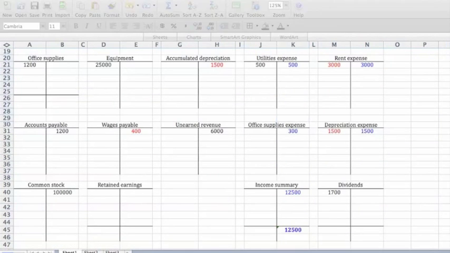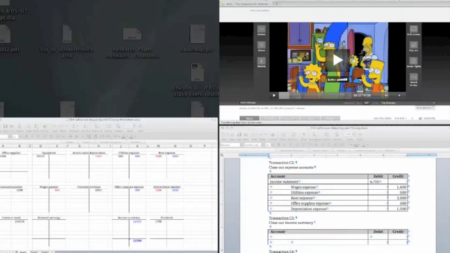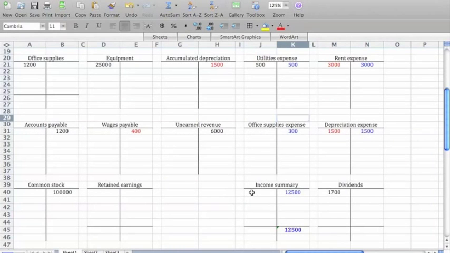And if we post the opposing expenses to our income summary T account, what we'll end up having is a remaining balance in income summary of $5,800, and that's our net income.